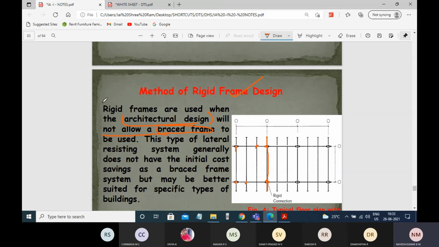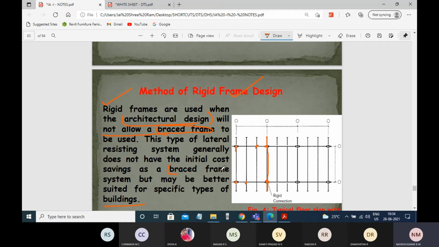So in that case, you are going to adopt the rigid frame structure. This type of lateral resisting system generally does not have initial cost saving as a braced frame, but it is better suited for specific types of buildings.